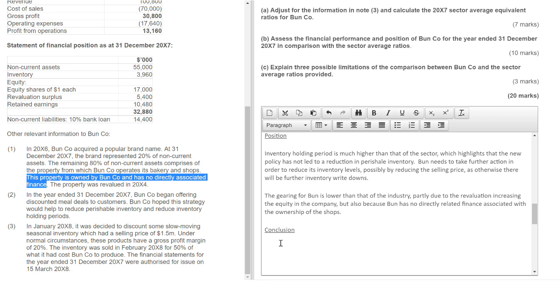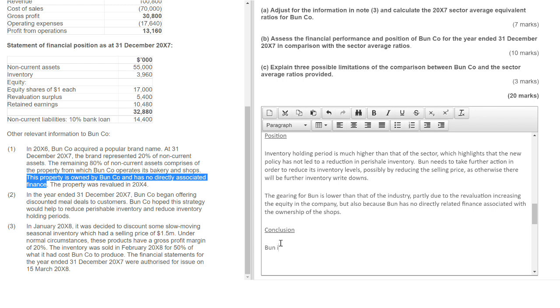To finish things off, you need to finish with effectively a conclusion on the performance and the position. I think the biggest risk here, isn't it, is about the inventory. Okay. But remember, the business is performing better than the overall sector. So what have we got there as a conclusion?